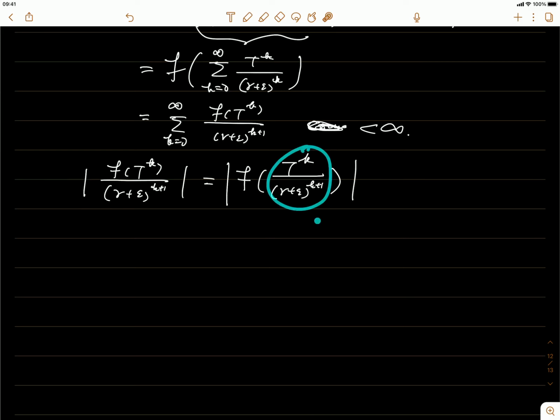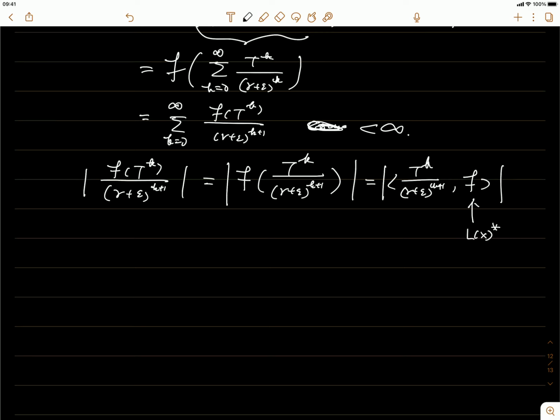I can treat this as something in the double dual of L(X). So, using the notation from before, it's just T^k over (r plus epsilon)^(k+1) applied to F. As I said, you interpret F as in the dual space of L(X), and this is in the bidual. But this F is arbitrary, and this is bounded, so it's finite.